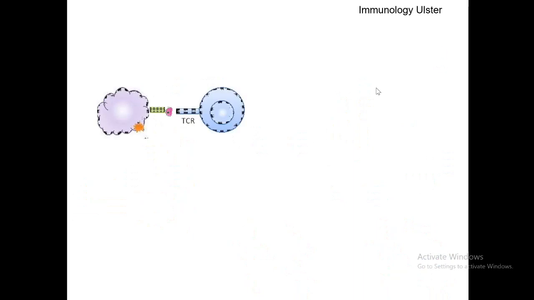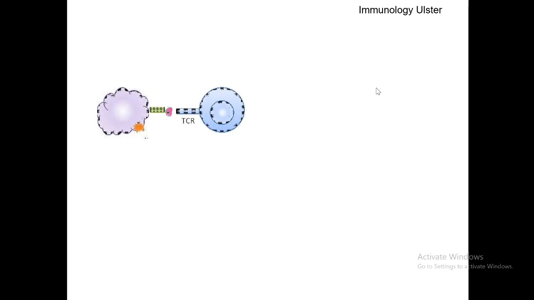Okay? Now, it's very similar in terms of a parasitic infection. The exact same process will happen, and the dendritic cell will pick up part of the parasitic antigen.